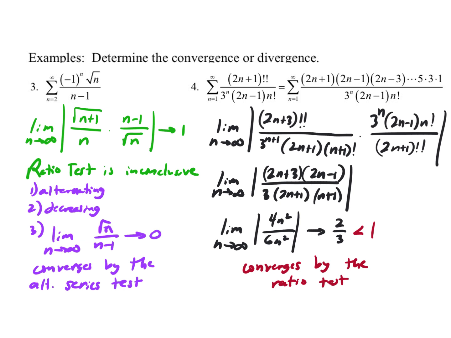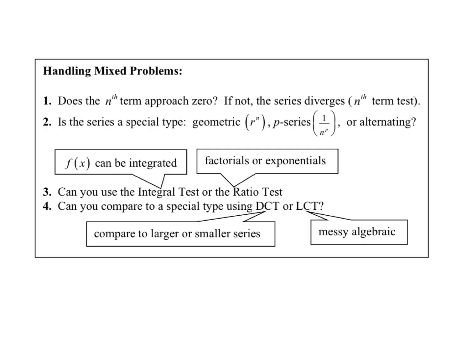Okay, so I got a couple other things to look at. We're not going to do any more problems. But let's start putting a bow on all these tests. These are some guides to when you do what. Right away, step 1 is talking about the nth term test.